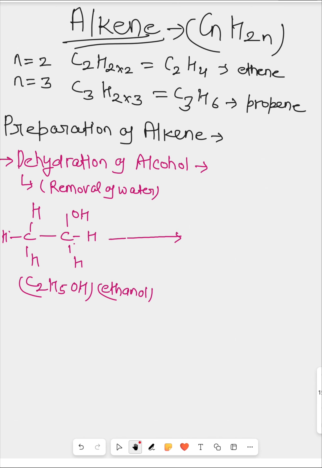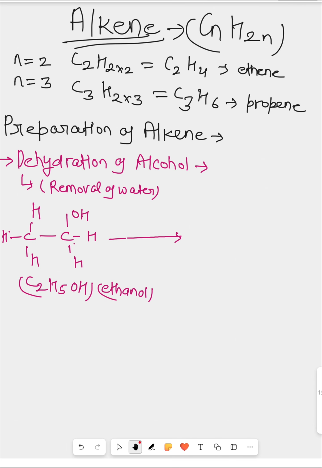Now removal means elimination, or you can say elimination means removal. This reaction is an elimination reaction, that you are sure about.